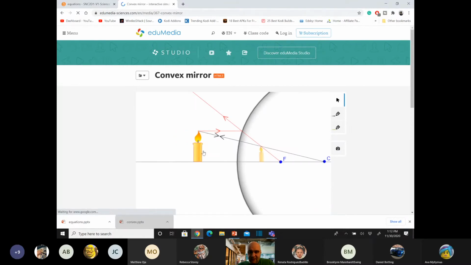So check it out. No matter where we move that thing, our image is always in the mirror universe. It's always smaller, it's always closer, it's always upright. There you go. No matter how far back you go. I guess in theory, I don't want to blow your minds here, but that image can never actually reach the focal point. As far back as you put that candle, it'll never quite reach it.